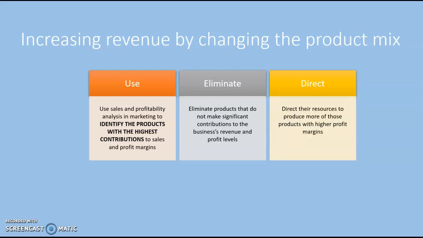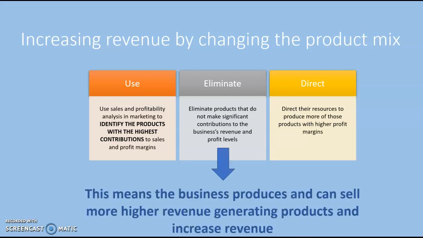They can then redirect the resources from those eliminated products into the production of those higher revenue generating products. The result of this means that the business is able to produce and can therefore sell more of those higher revenue generating products, resulting in an overall increase in revenue for the business.